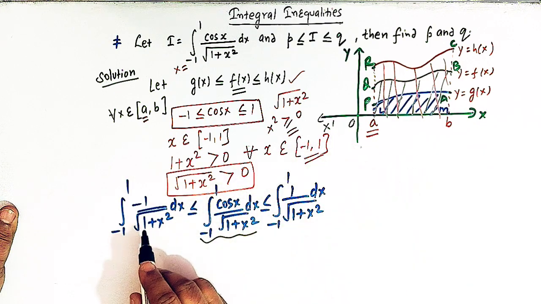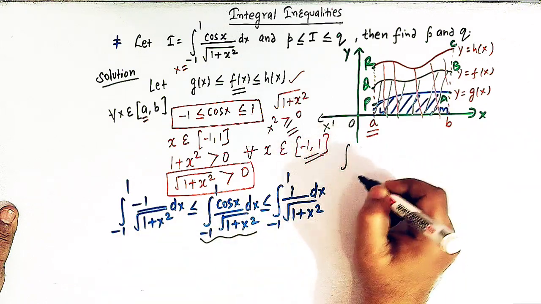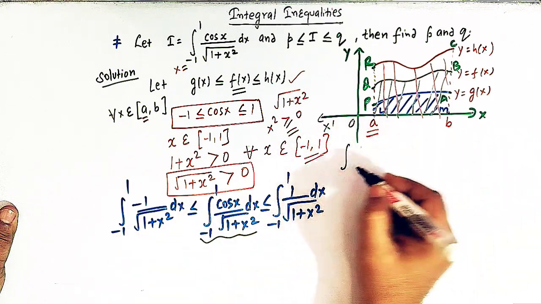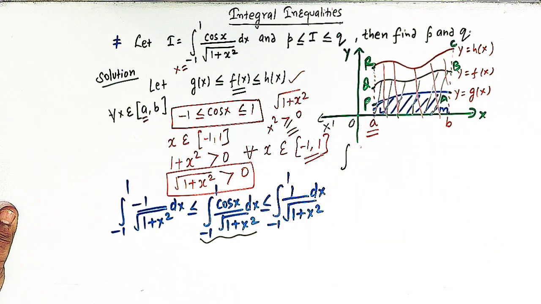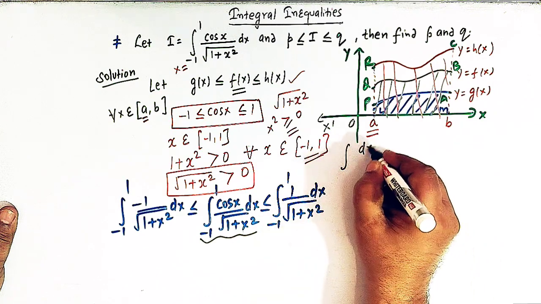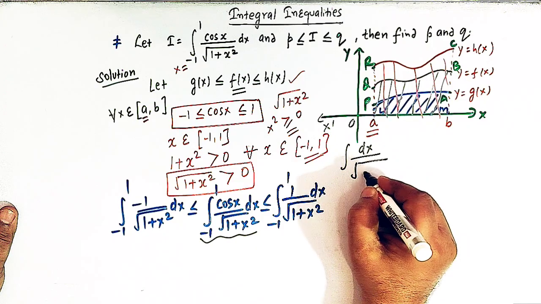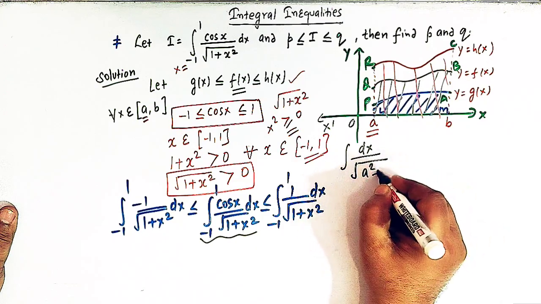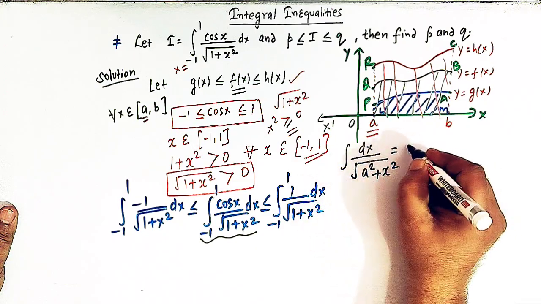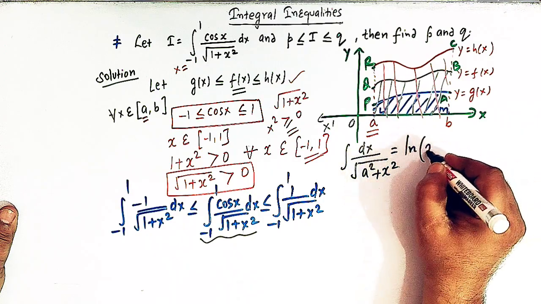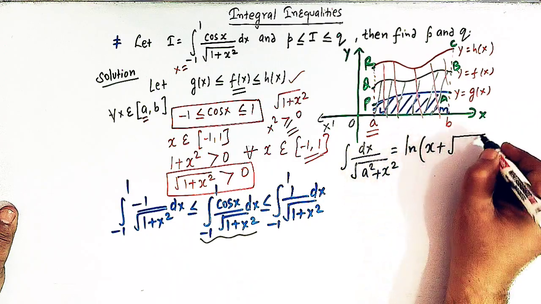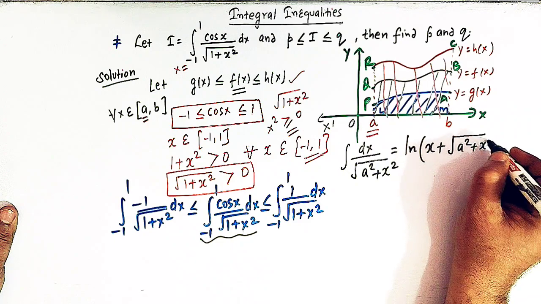Let us integrate this function from minus 1 to 1. To integrate this function, we can make use of the important form of integration, that is integral dx over square root of a square plus x square is equal to the natural log of x plus square root of a square plus x square.